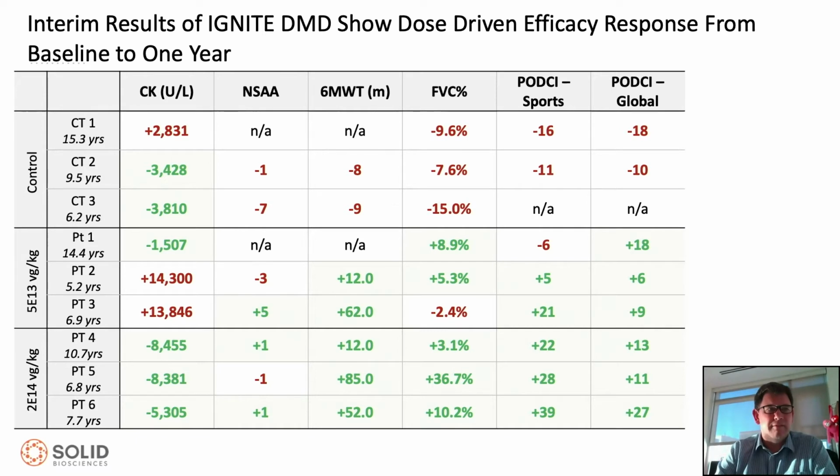The endpoints evaluated range from the creatine kinase, shown on the left, through several functional measures: North Star, 6-minute walk, and forced vital capacity, a pulmonary respiratory measure, as well as an outcome measure, and all trended in a really nice direction. For this 2E14, at the time this was encouraging. Now with the promising long-term results that I just shared, it provides a mechanistic underpinning for the apparent positive trends we're seeing here.